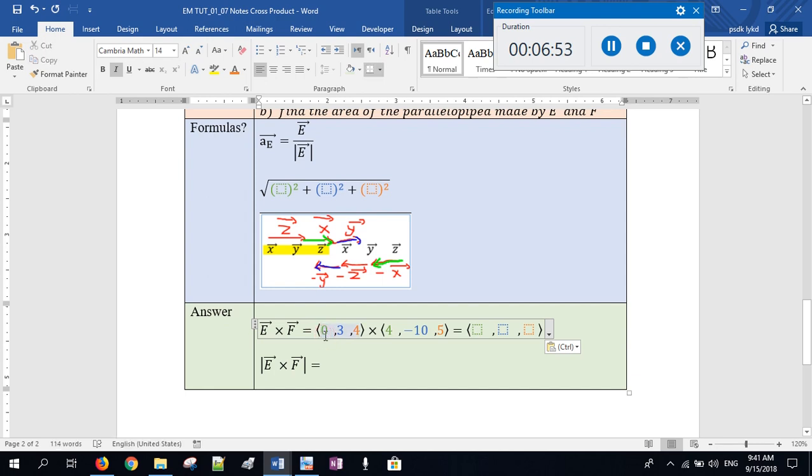Multiply the different dimensions. 0 times y, x into y will give positive z. 0 times y minus 10, it is 0, minus. Here it will be minus 0 times 5, x into z. X into z will give minus ay, so 0 times 5.